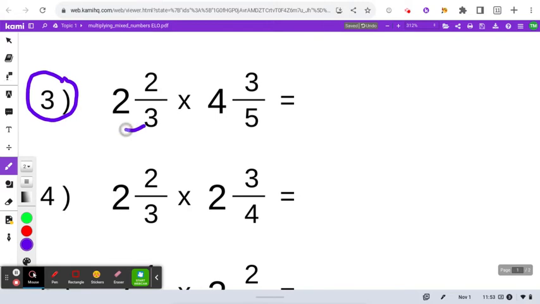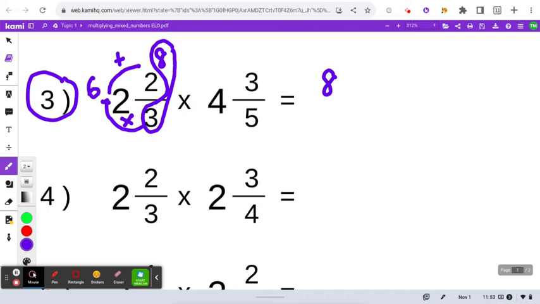Starting with 3 times 2, you always multiply first. 3 times 2 gives you 6. Then you keep going to this backward C, and you add the 2. So 6 plus 2 gives you 8. You end up here with 8 thirds. So I'll rewrite that one, 8 over 3.